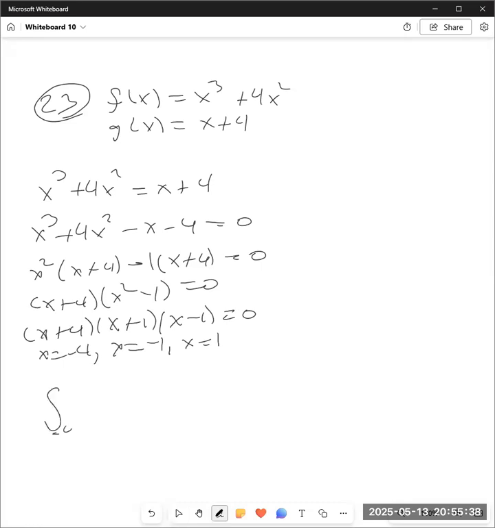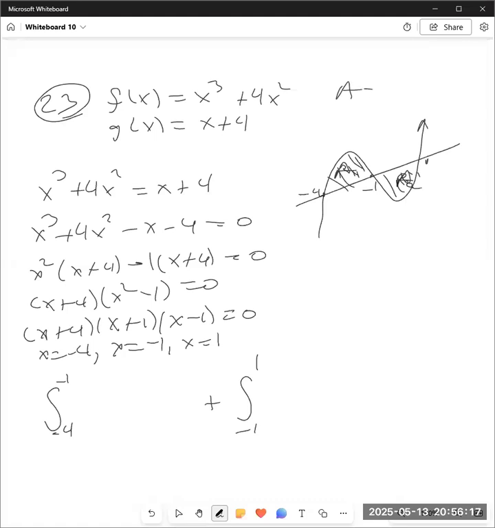But I need to go from negative 4 to negative 1, and then I need to go from negative 1 to 1 with boundaries for the bounded region. It's going to look something like this. This is -4, and this is -1, and this is 1. I'm interested in this region plus that region, call this area 1 and this area 2.